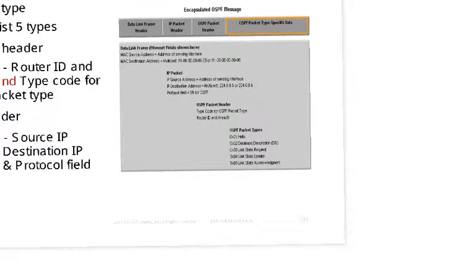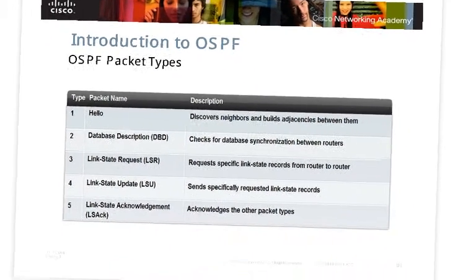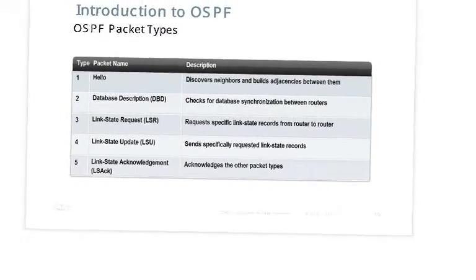So that's the message format for OSPF, and from now on we'll talk in detail about the packet header and each of these messages. First, this is a brief list of the types of messages and the purpose of each one.